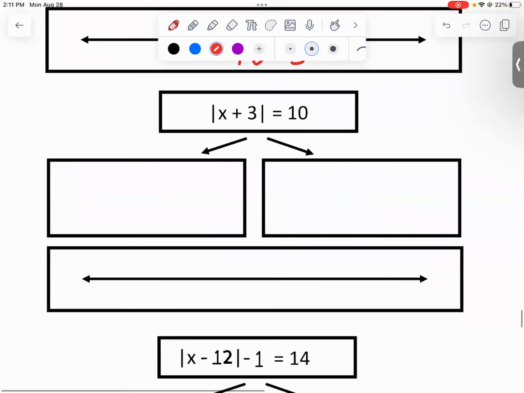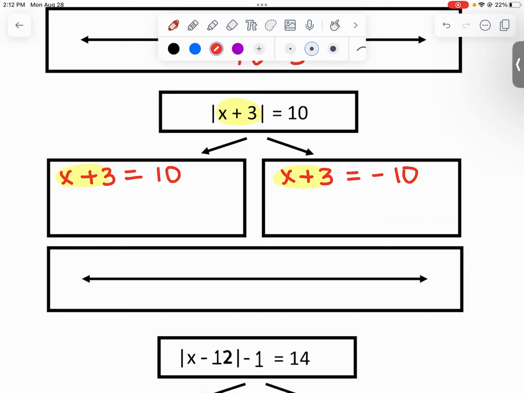We have an absolute value that equals 10. So what we're going to do is take what's inside the absolute value and set it equal to 10 and -10. So our two equations that we need to solve are x plus 3 equals 10 and x plus 3 equals -10.